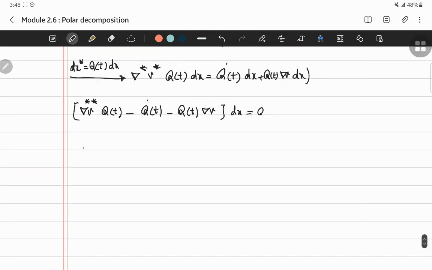Dx can't be 0, therefore del star v star qt minus q dot t minus qt del v is 0.